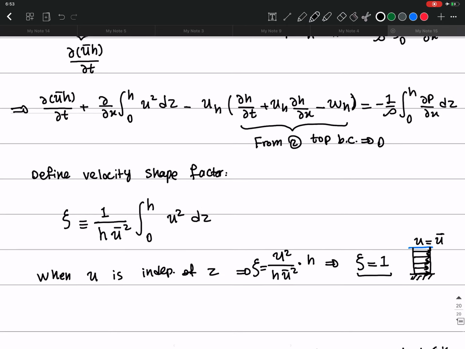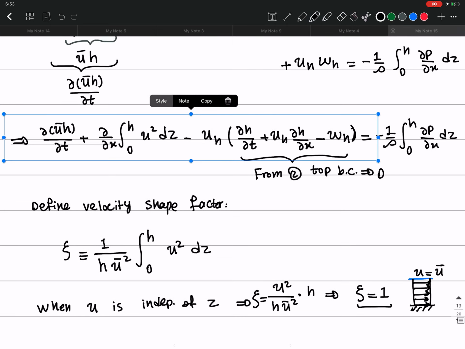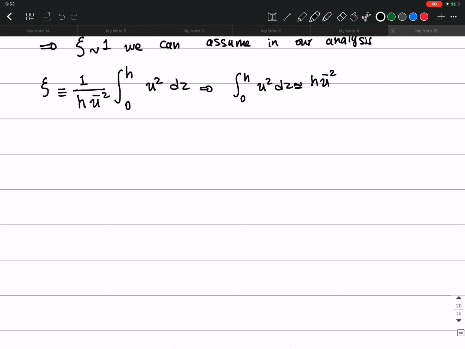And so now I have these equations. Let me substitute that there to see what we get.